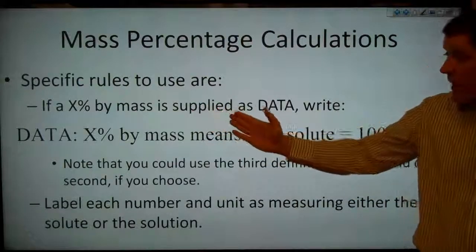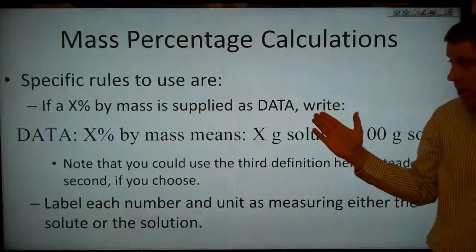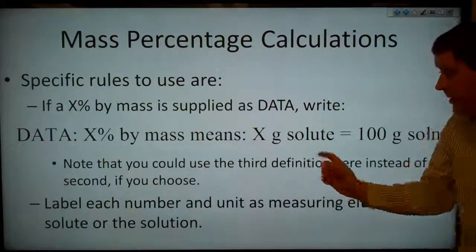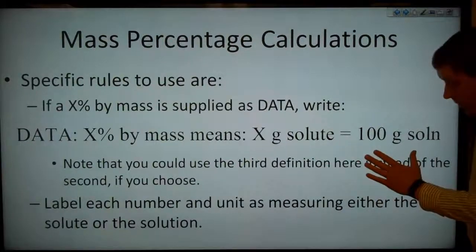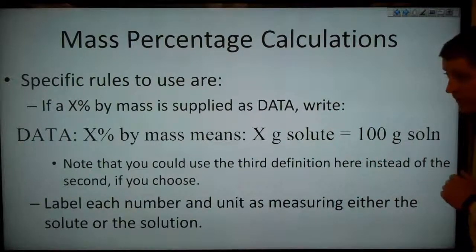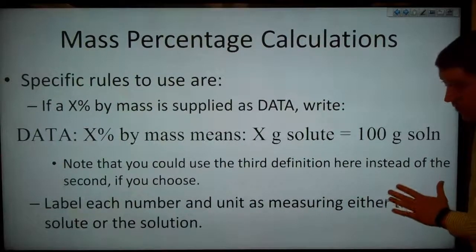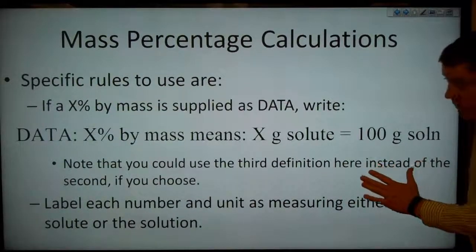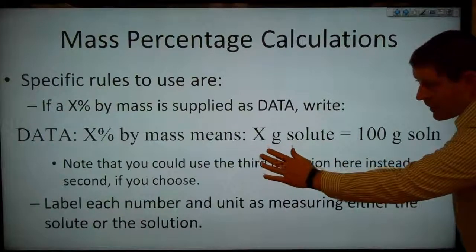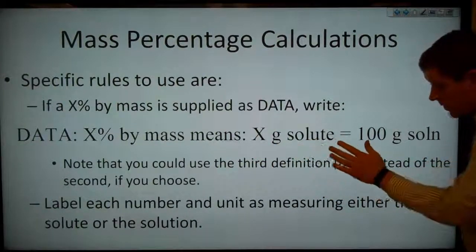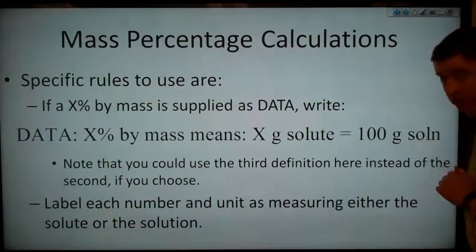If a percent by mass is supplied as data, then write in your data section, X percent by mass means X grams solute equals 100 grams of solution. Note that you could use the third definition here instead of the second if you choose to, in which case you have X percent by mass means the decimal equivalent, grams of the solute equals 1 gram of solution.